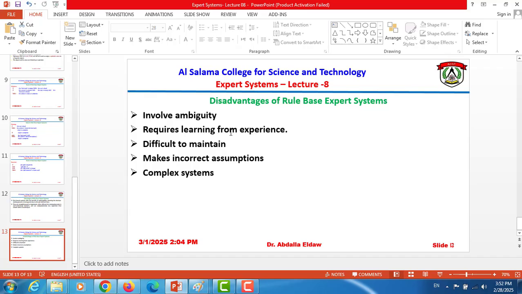That means you must let the machine learn from experience, which means you must give the machine a narrow knowledge base to learn from. Difficult to maintain, that means correcting errors and incorrect decisions. That means the results are sometimes not correct, in addition to complex systems.